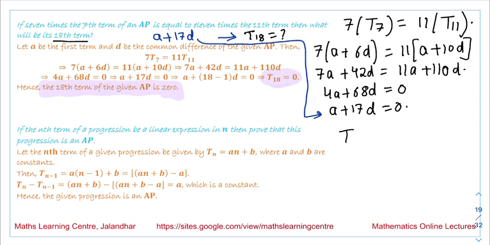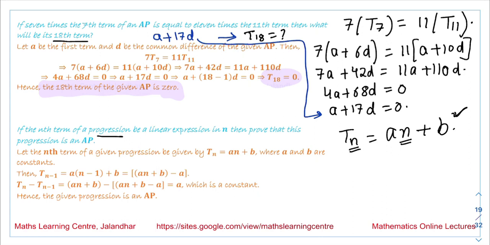So the nth term is a linear term, of the form an plus b, where n is the variable. If any sequence has this kind of general term, then it is an AP.